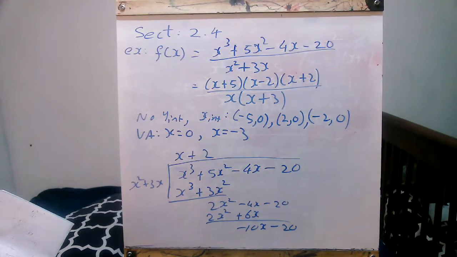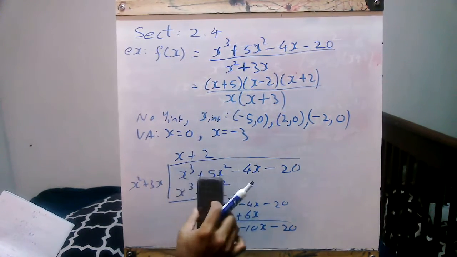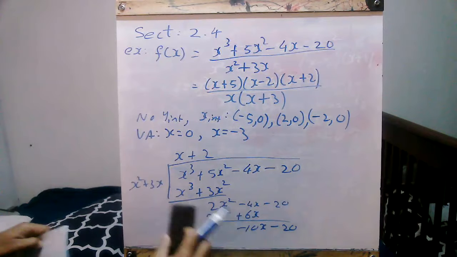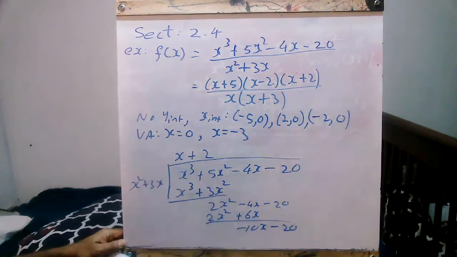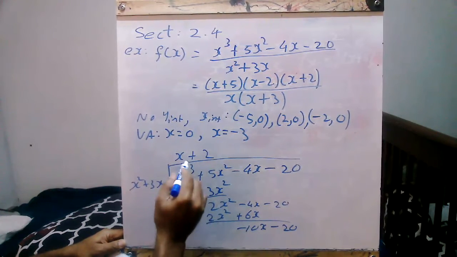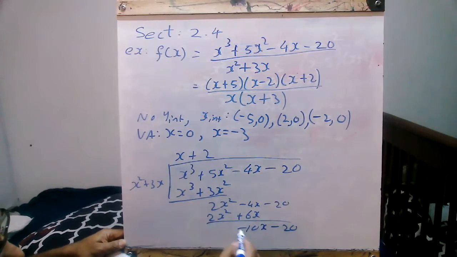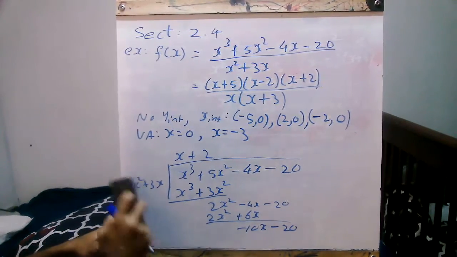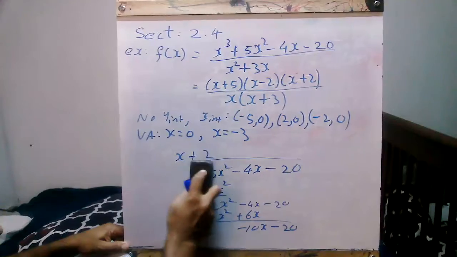Now I'm going to erase this part and write the answer. This is the quotient. I'm going to keep this part and the remainder, and erase this middle part.